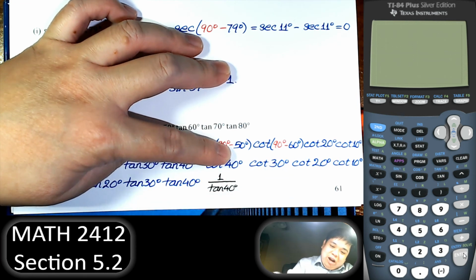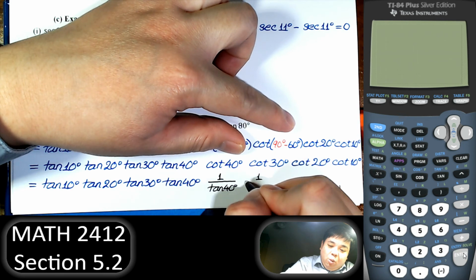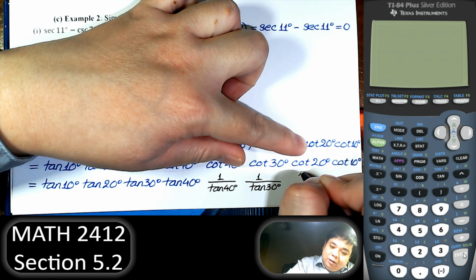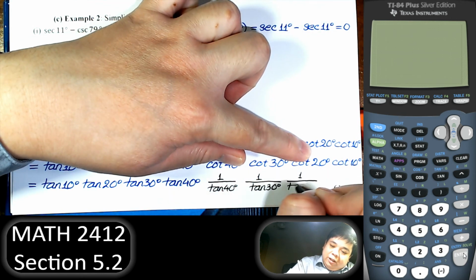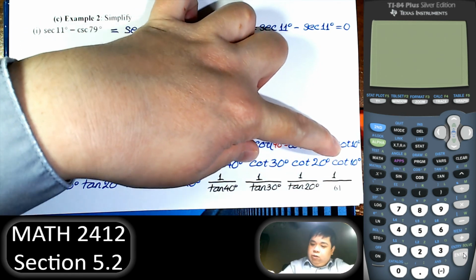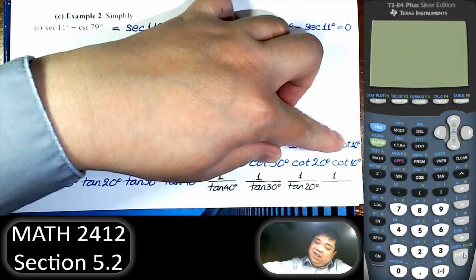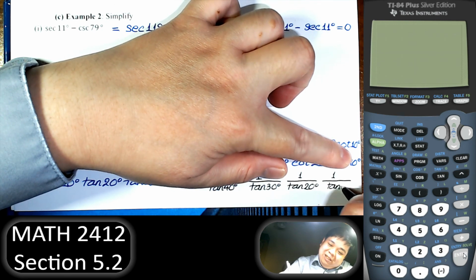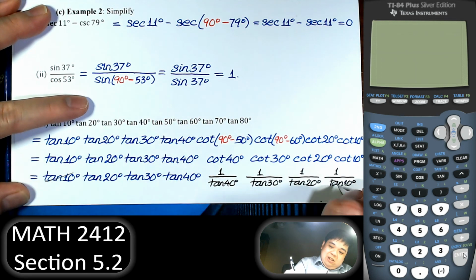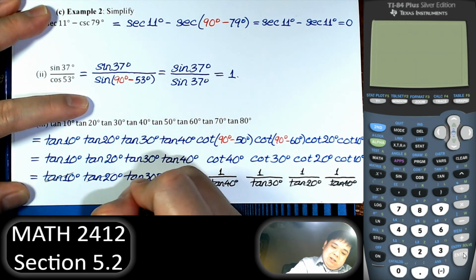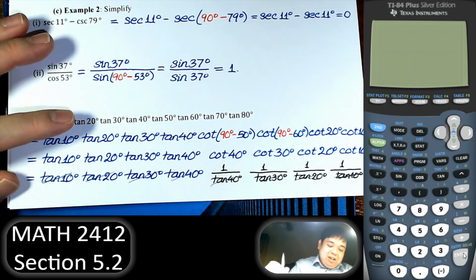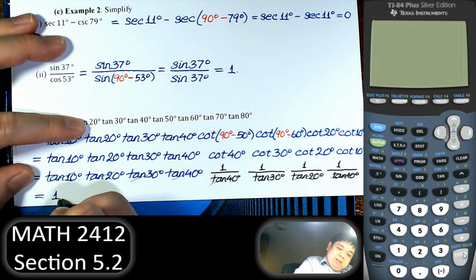And that will cancel out nicely. Cotangent is 1 over tangent, 1 over tangent, 1 over tangent of 10. And that cancels out nicely. Cancel everything. We don't have anything left. We just have 1.